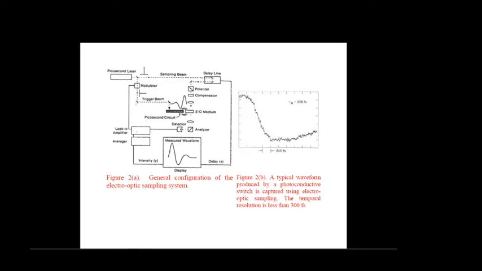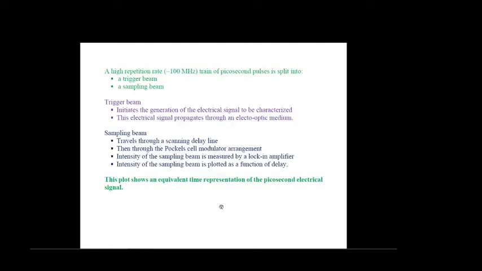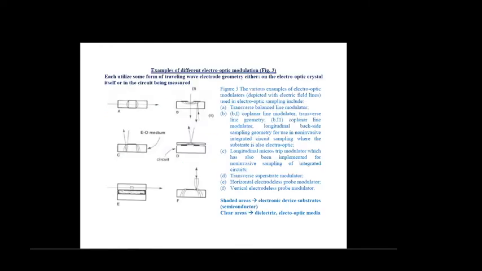The early work was all performed on balanced strip lines, but the electro-optic technique has been adapted to a wide variety of measurement situations. For doing this, many different examples of electro-optic modulators have been produced.